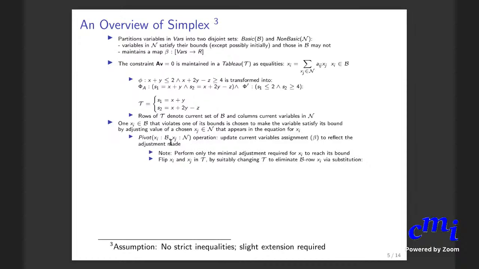So the pivot operation picks a variable in the basic set for which either the lower bound or the upper bound is in violation. And it picks another variable in the non-basic set, in the equation that defines that variable, and an update. It also maintains, by the way, a set of assignments to the variables, and it adjusts the current assignment to reflect the adjustment made.